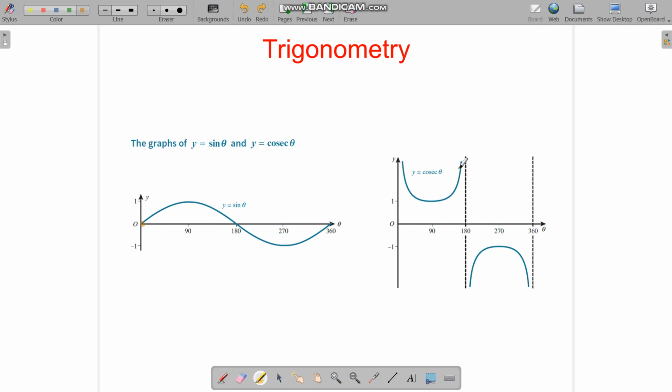And when the x is getting bigger, for example around here, this is 1, then the graph of cosecant when the x is 90 is also 1, because 1 divided by 1 is 1. And when this value here is, for example, 1 over 2 for the y value, then in the cosecant it's the reciprocal of 1 over 2, which is 2. So we have around here, this is 2.